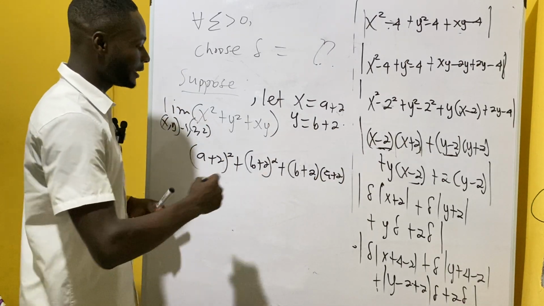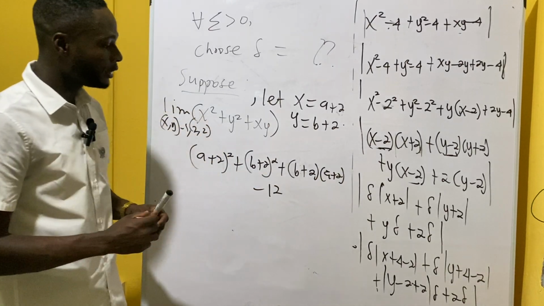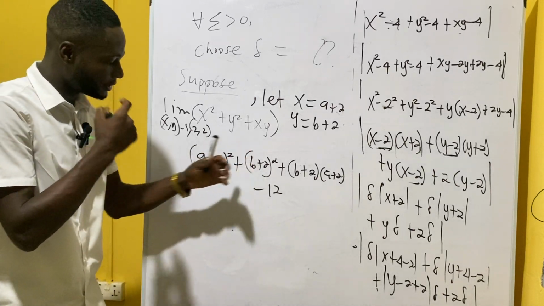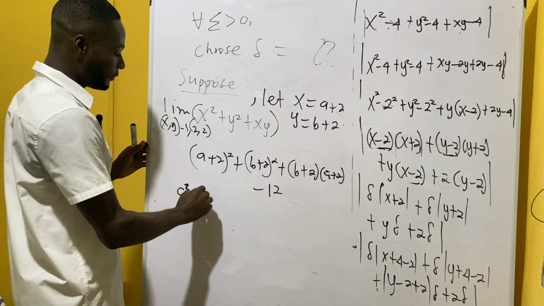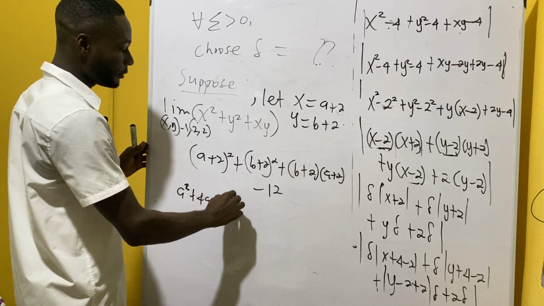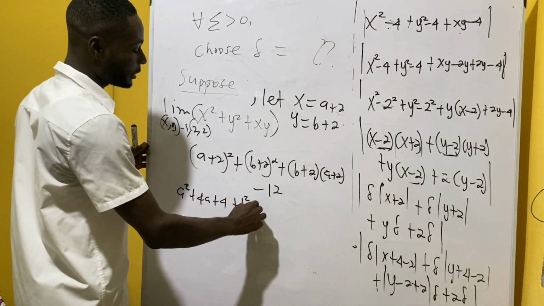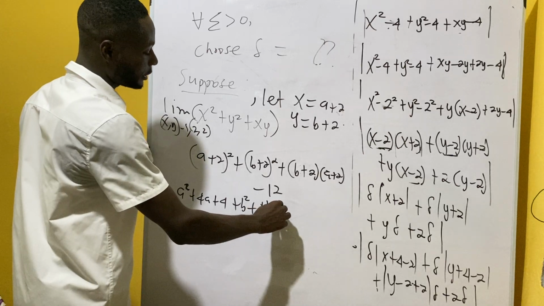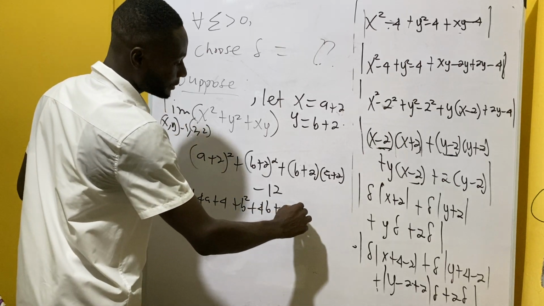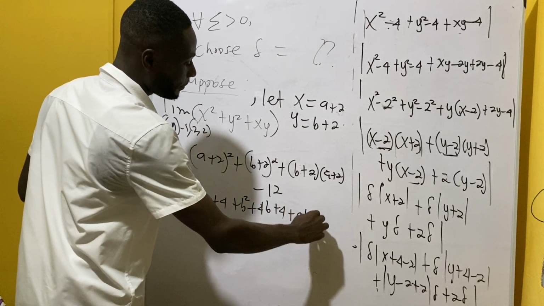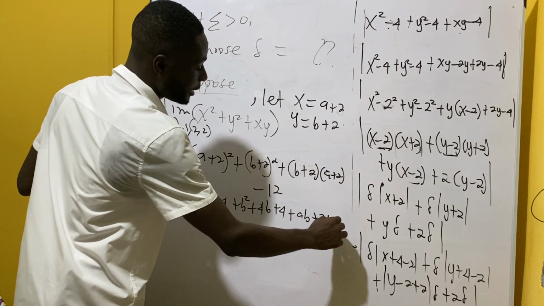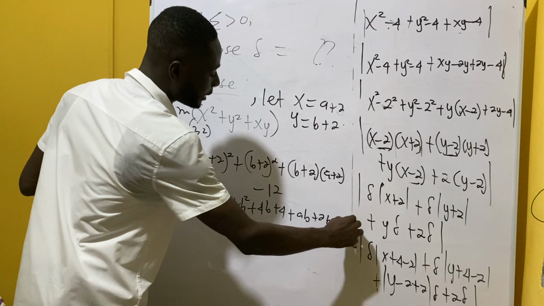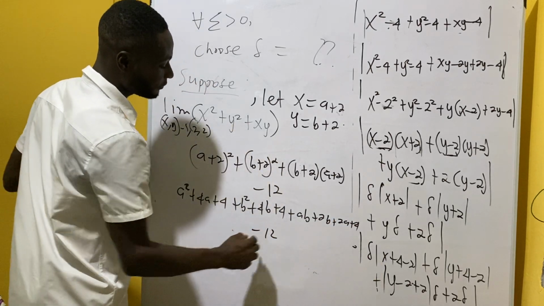Minus the limit, right? So we have minus the limit. So when you do this, you'll be having a squared plus 4a plus 4 plus b squared plus 4b plus 4 plus ab plus 2b plus 2a plus 4 minus 12, right?